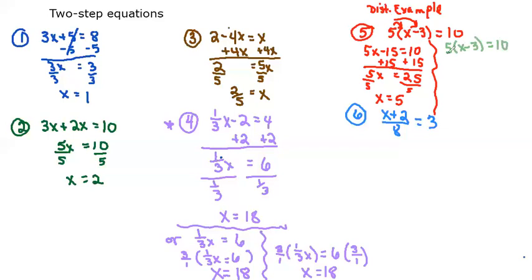And instead of doing distribution, what if I said divide by 5? Then this would cancel, and I have x minus 3 is equal to 2. And then I add 3 to both sides. X is equal to 5. Okay, I still get the same answer.